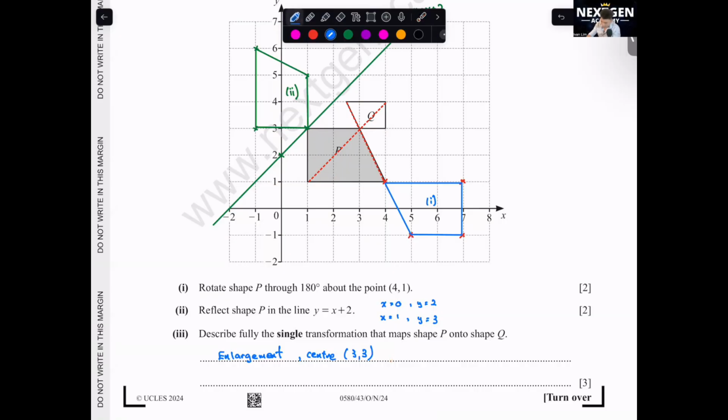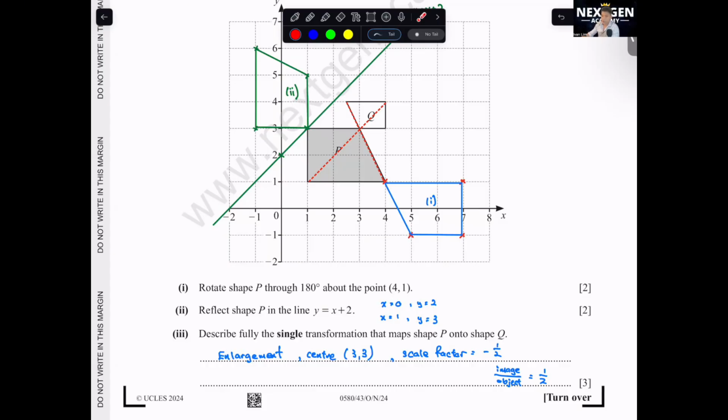So the scale factor here will be negative. Then what is the calculation of it? You will take image over object. The image is 1 unit, the object is 2 units. So 1 over 2, or you can write negative 0.5. 3-mark question.